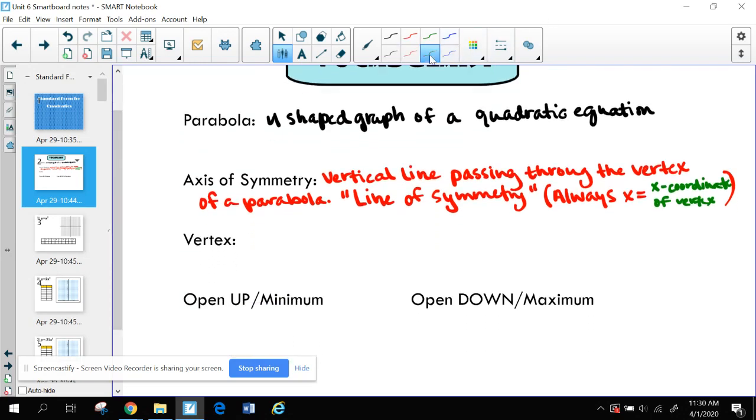So vertex. Vertex is the point at which the parabola makes its sharpest turn, or we're going to say it's the highest or lowest point of the parabola.